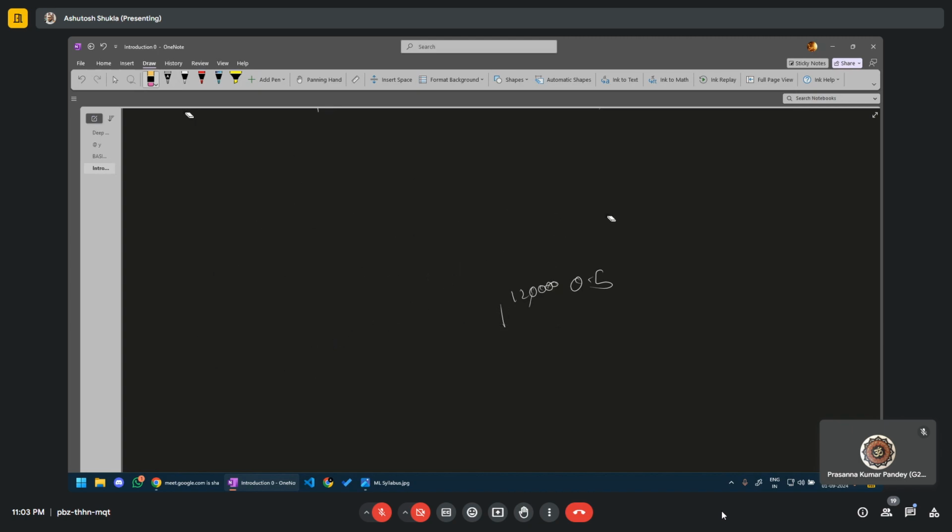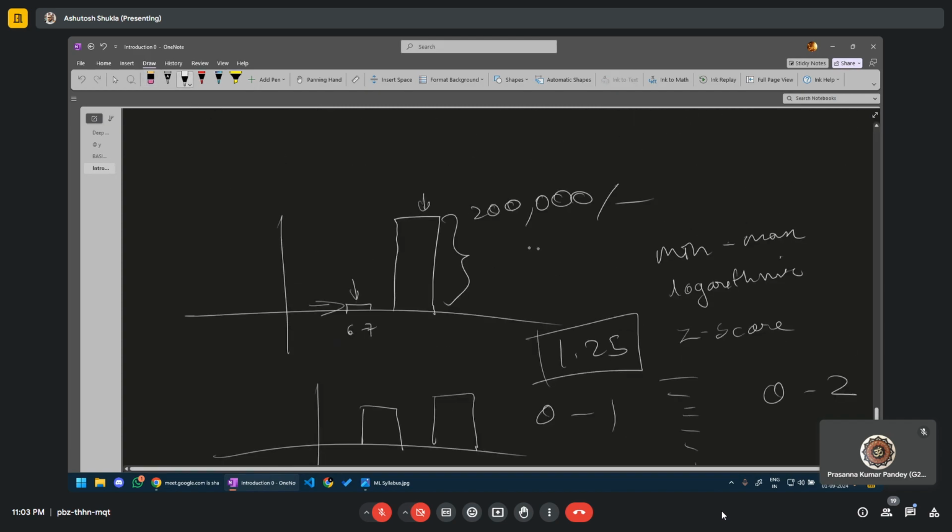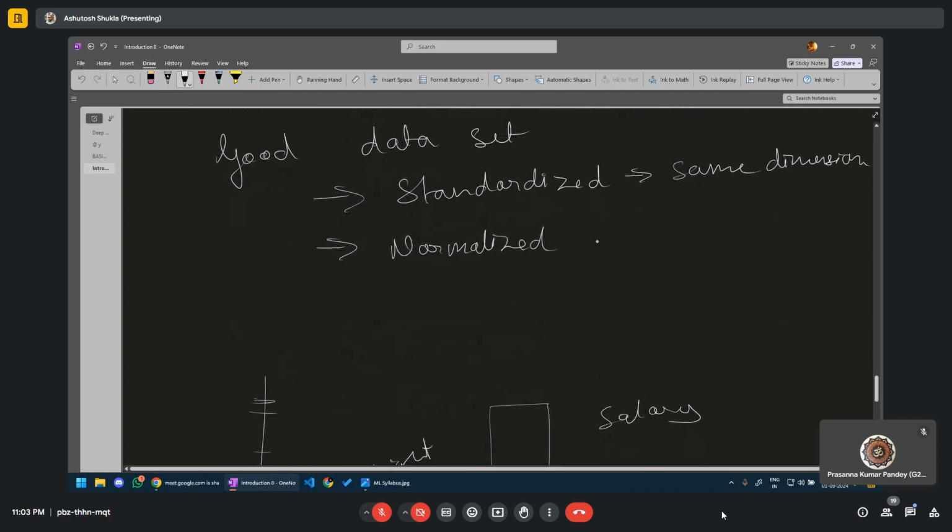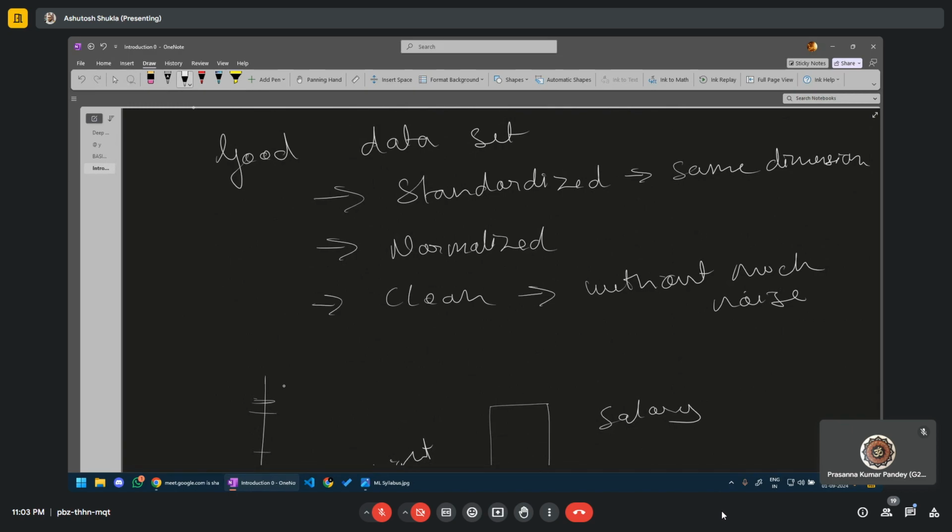So good data is normalized, standardized, and clean, without much noise. That's pretty much the three things that you need from a data set.